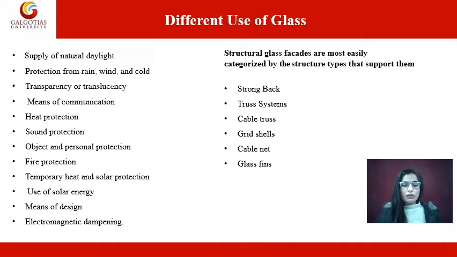It helps improve the design of any building and it is used for electromagnetic dampening. Structured glass facades are most easily characterized by the structure types that support them, like strong back truss system, cable truss, grid shell, cable net and glass fin. So these are the different uses of glass.